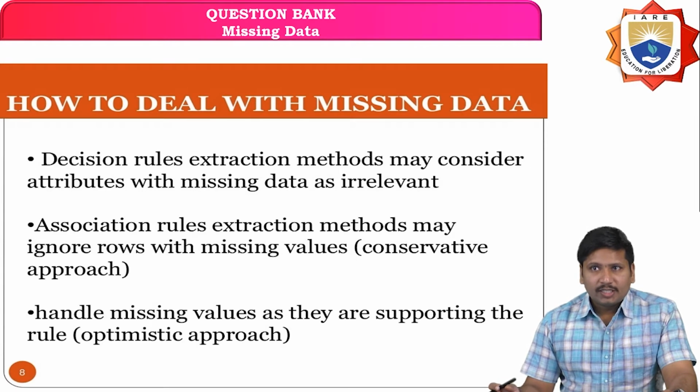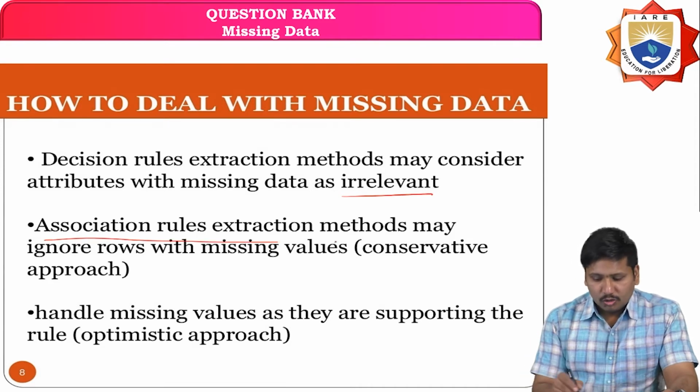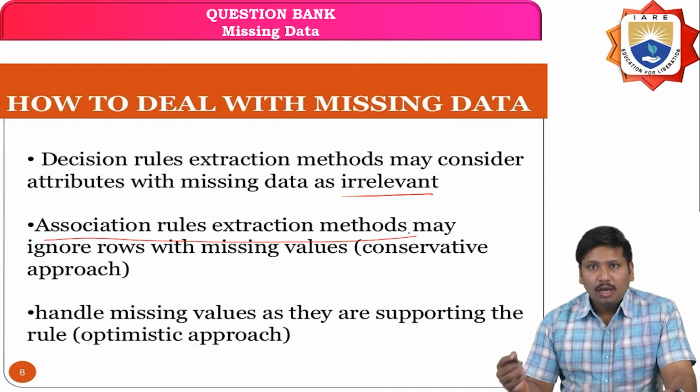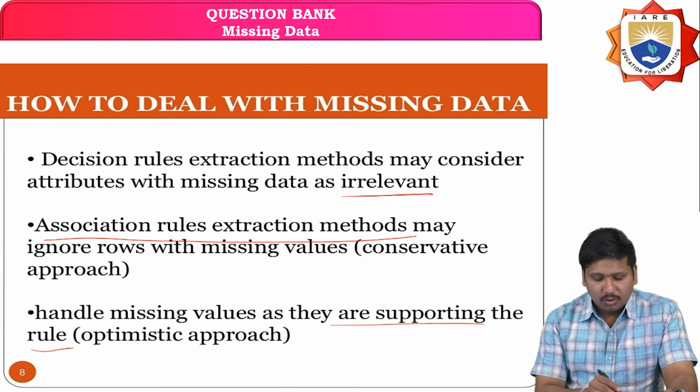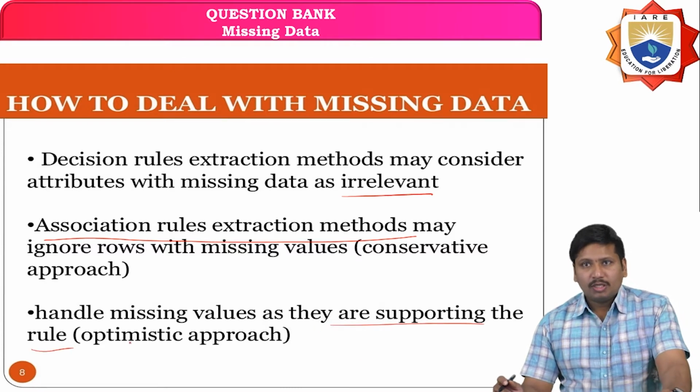So the decision rule extraction methods may consider attributes with missing data as irrelevant, and the association rule extraction methods may ignore the rules with missing values. This is normally called a conservative approach, and handling the missing values as if they are supporting the rule is called an optimistic approach.